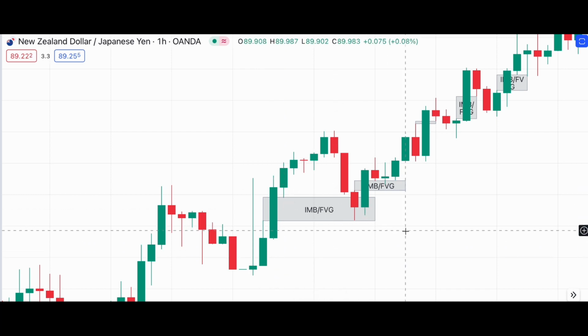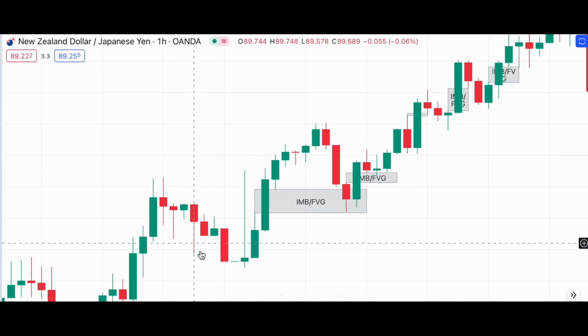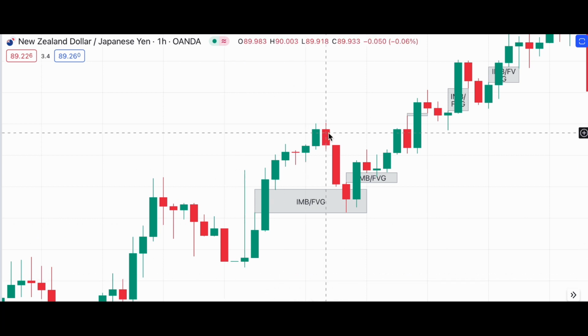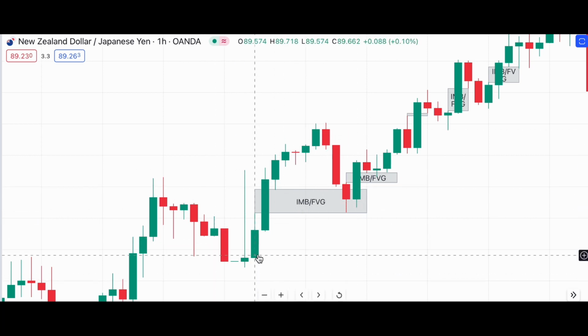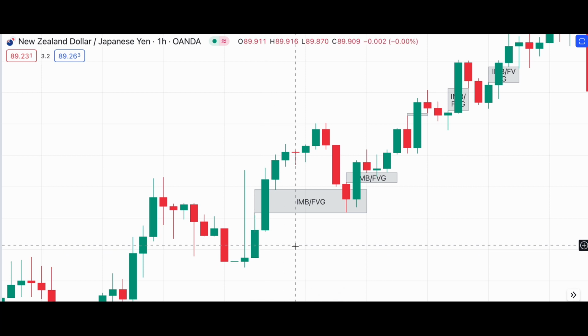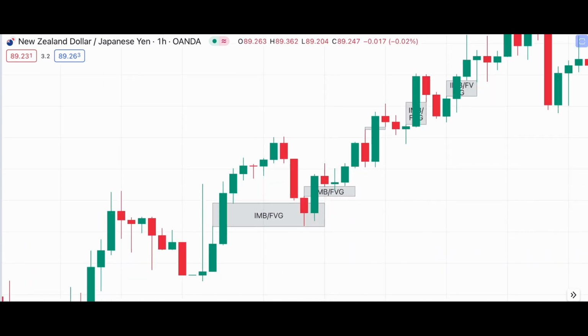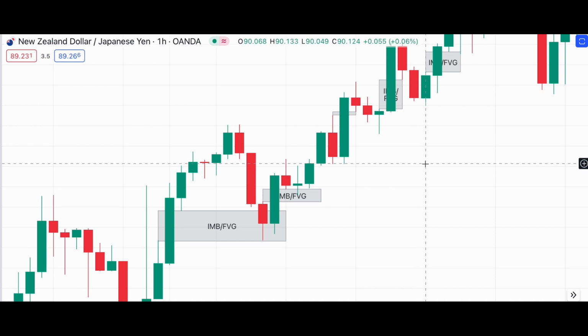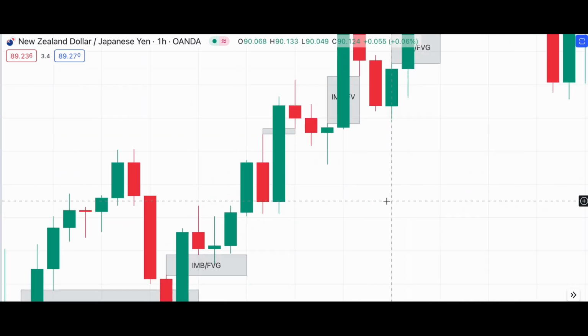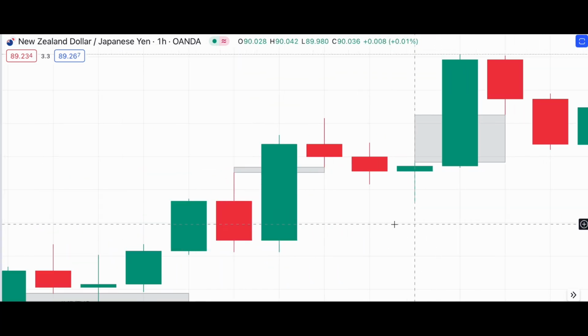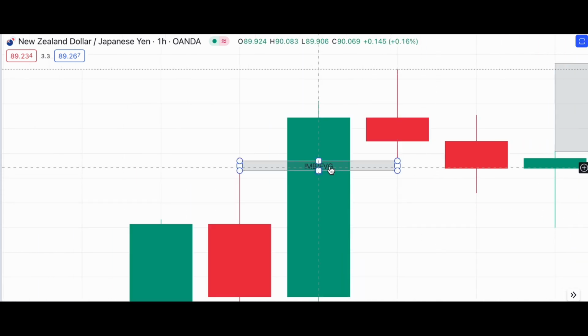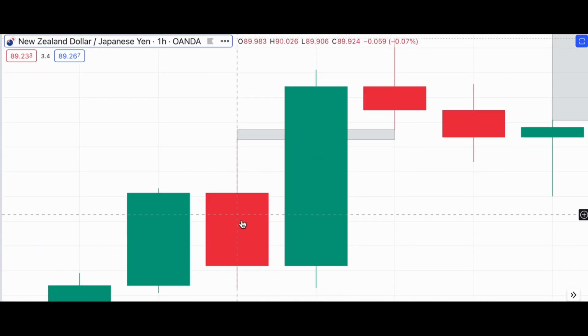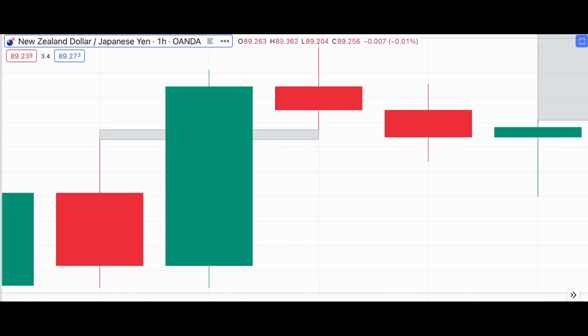I repeat again: if there is a supply and demand zone that forms the imbalance or fair value gap, that will be a good zone. This is another extra bonus for how we can increase our win rate. This is just one of them. In between right here, we have another imbalance between these first and third candles.